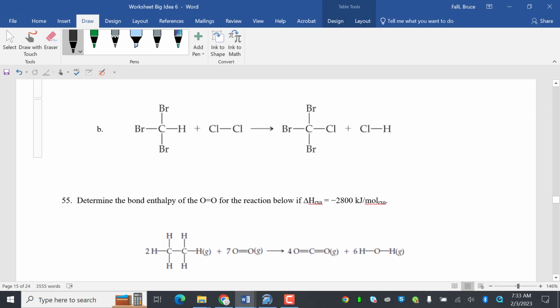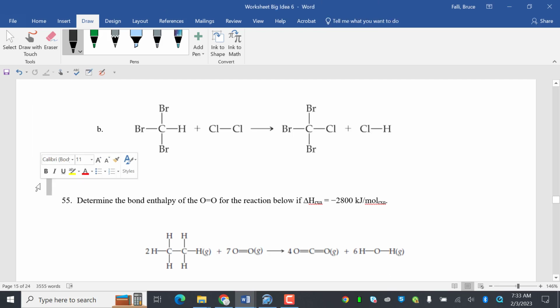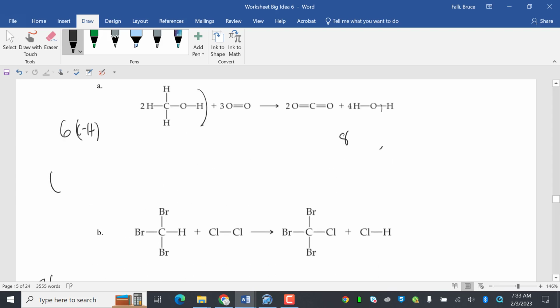This one, just because I don't see any coefficients, I'm going to make sure it's balanced. 3 bromines, 1 carbon, 1 hydrogen, 2 chlorines, so it's okay. I'm going to shorten it a little bit. I'm going to look up right away the C to Br.